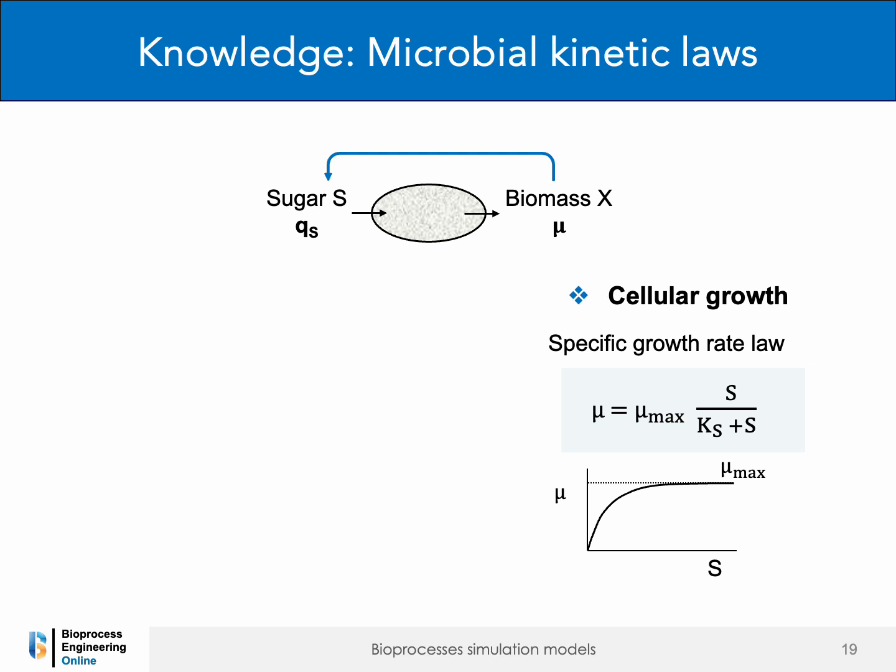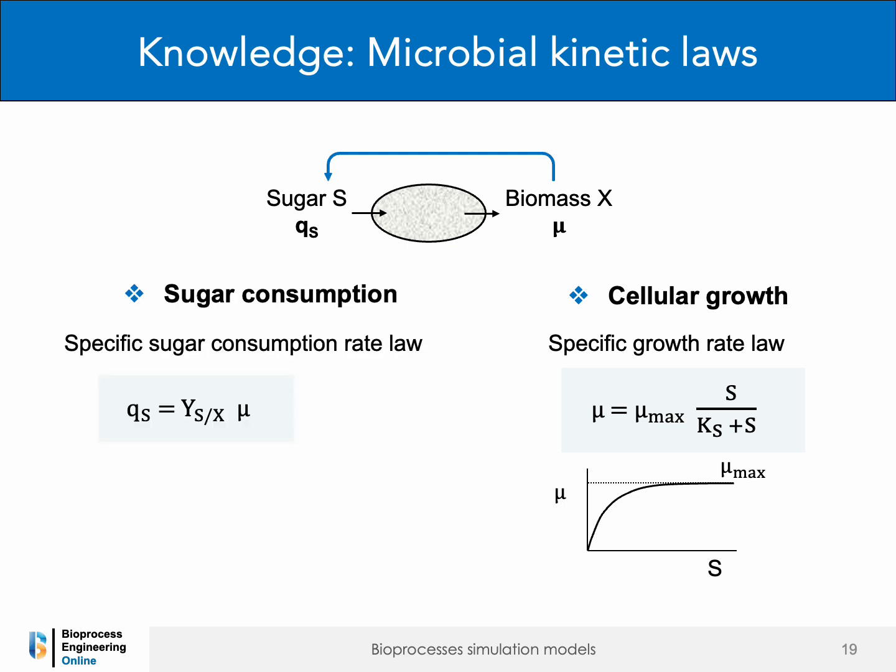A commonly used rate law states that the growth rate reaches a maximal specific value at high sugar concentrations, but decreases under low, limiting sugar conditions. Similarly, the specific rate of sugar consumption is generally proportional to the cell-specific growth rate, reflecting the direct relationship between substrate utilization and biomass production.